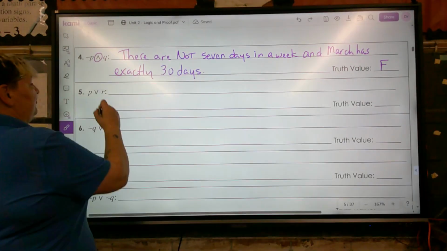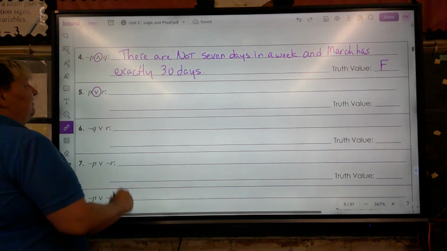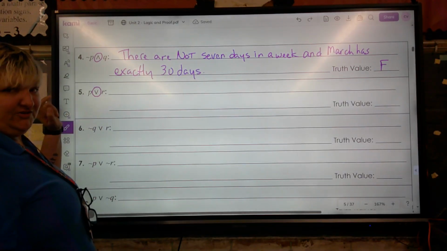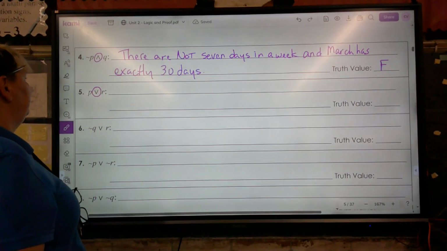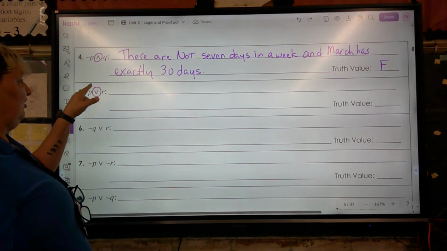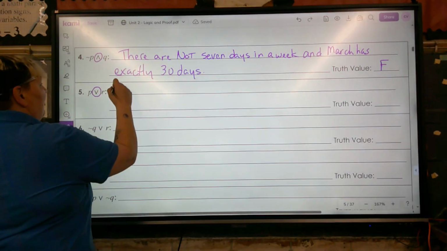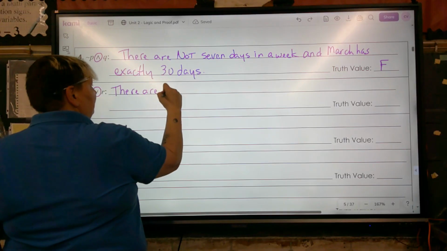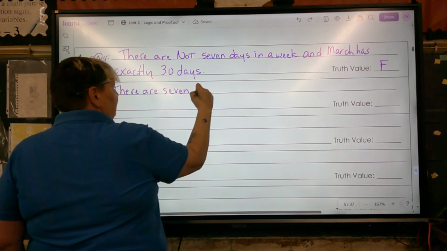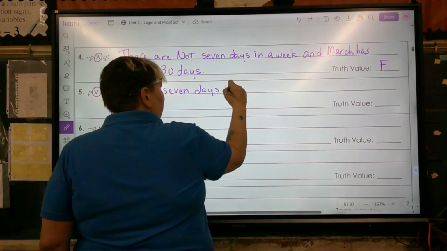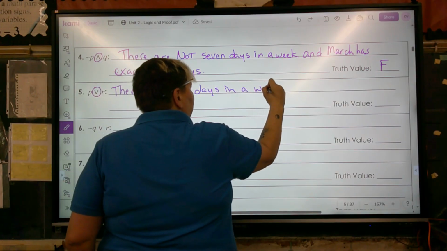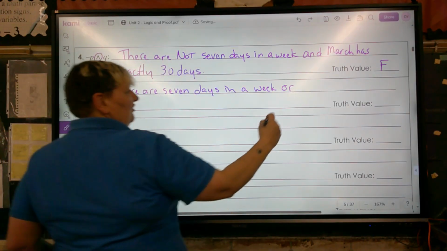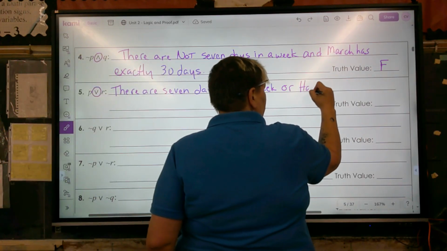This one, be careful, is an or. You notice how the symbol flipped? Now we're doing or. Make sure you're careful with that, right? P or R, right? So there are 7 days in a week, or Halloween is on October 31st.